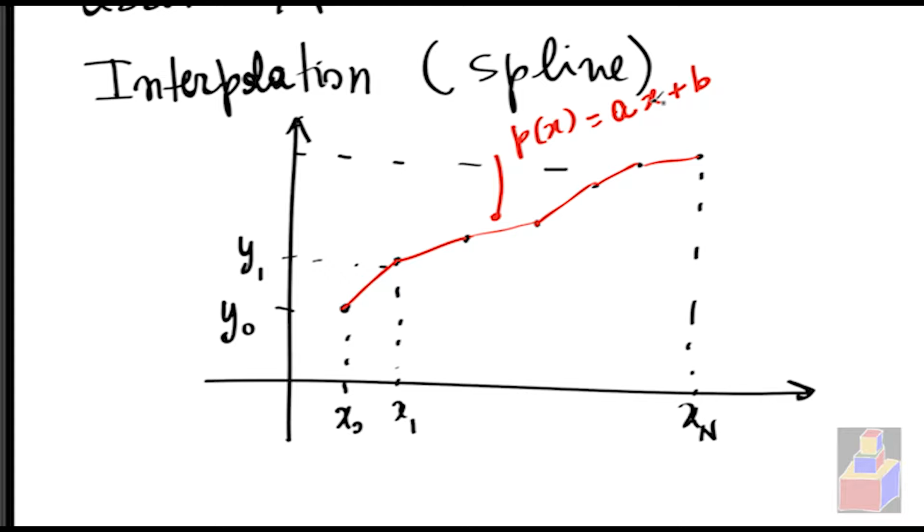And it's very easy to determine the coefficients, the parameters a and b, given the coordinates of initial and final point. So we have one equation for this pair of coordinates. We have another equation for this pair of coordinates. So we have two parameters, we have two equations. You can solve that problem easily.